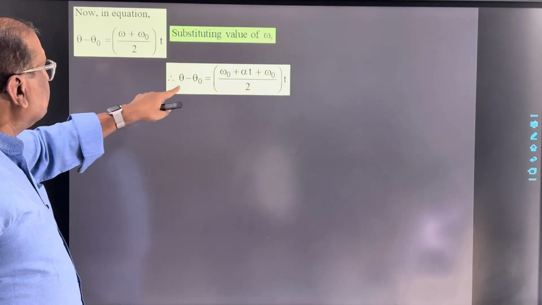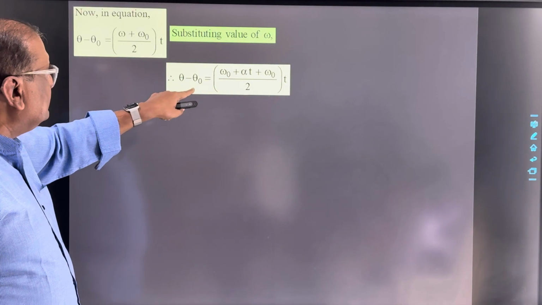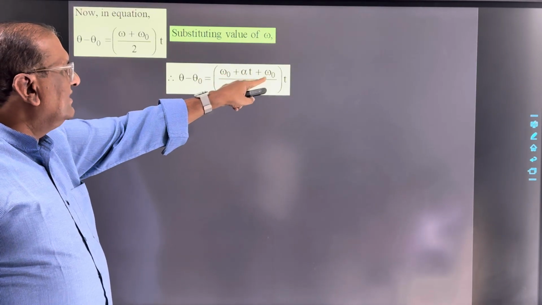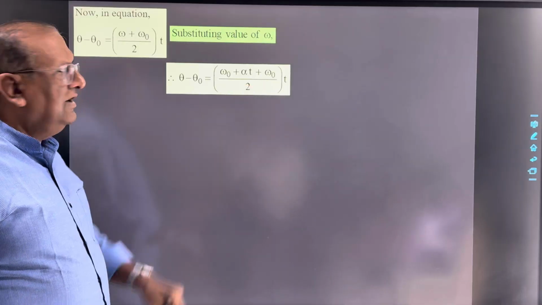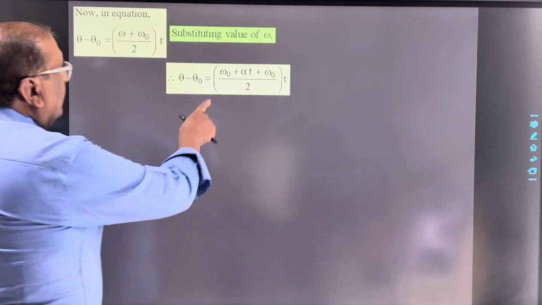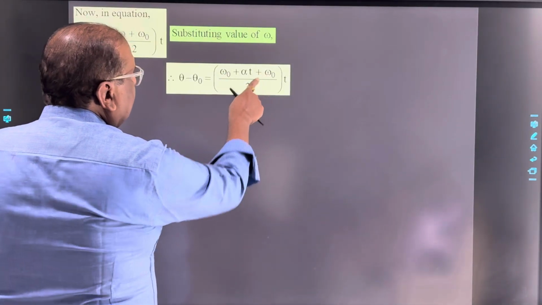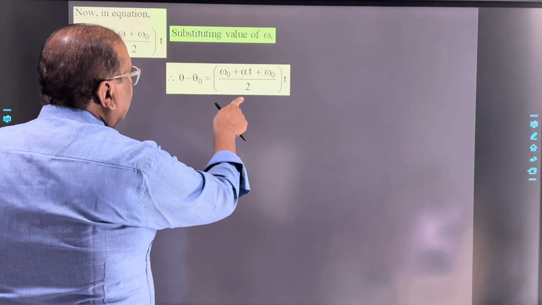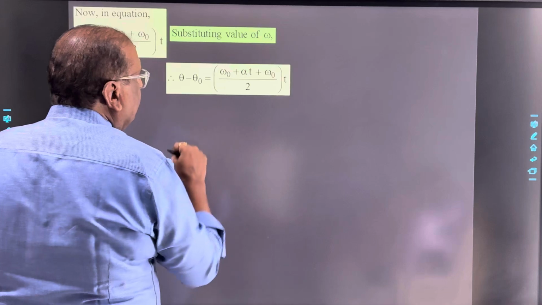So resultantly theta minus theta 0 equals omega 0 plus alpha t plus omega 0, by 2, into t. Here we get omega 0 plus omega 0, that is 2 omega 0 by 2, so 2 will be cancelled. So that is omega 0 t.